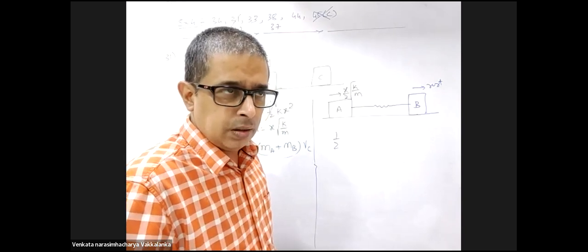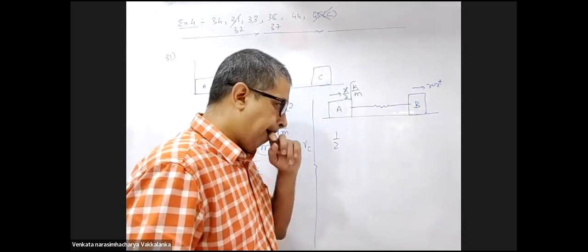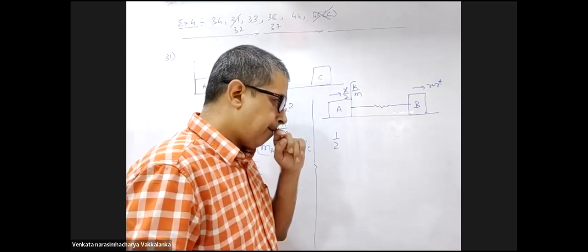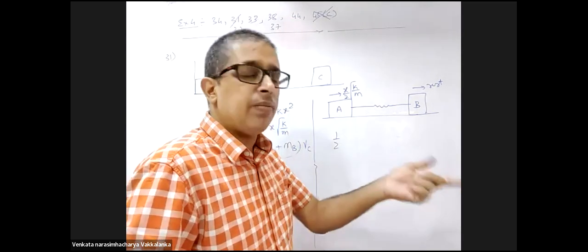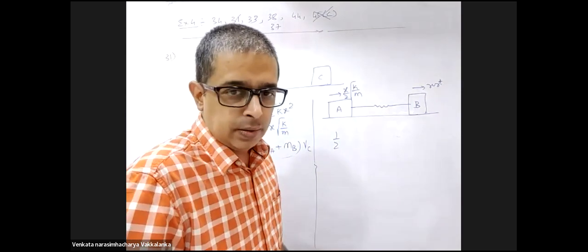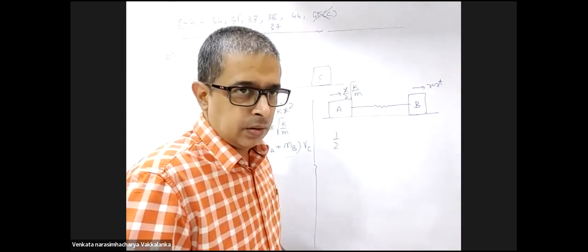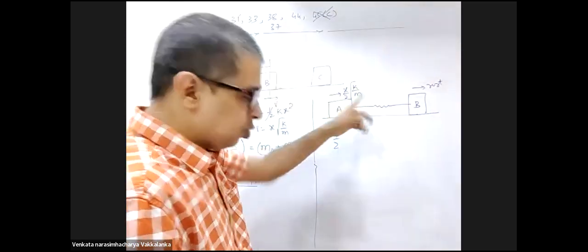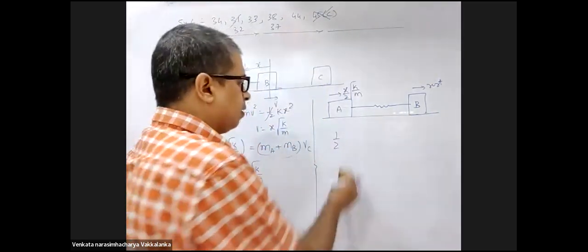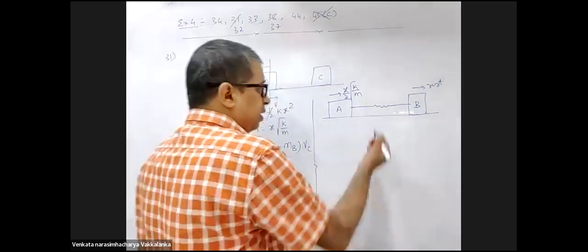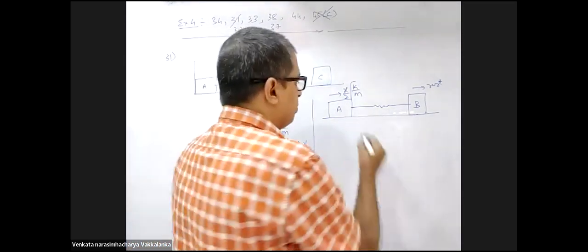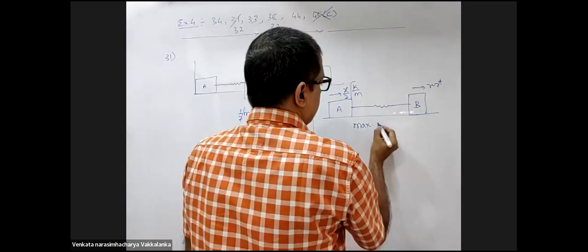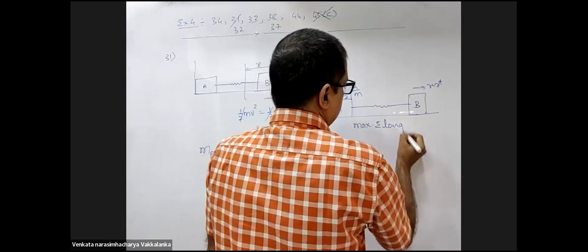It will be at L plus the elongation of the previous case. So it is not in natural length. So how to deal with that? This is not in natural length. So then conserve momentum over the ground frame. See, this is the maximum elongation, right? Maximum elongation.